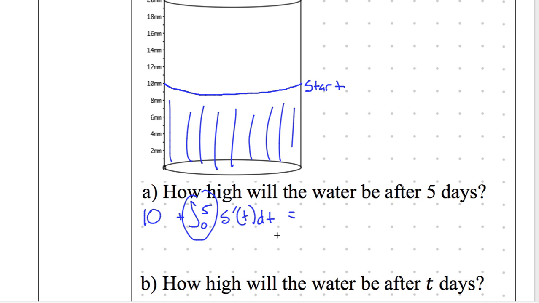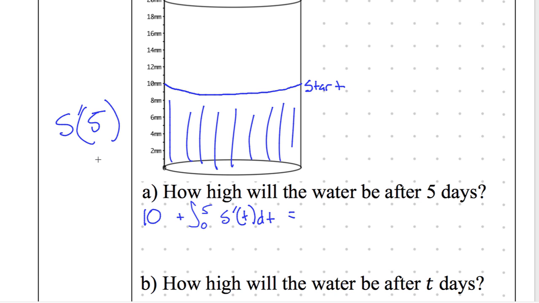What is S prime of 5? Speaking of, what does that represent? Is it the area between 0 and 5? No, because we don't have an integral, it's just alone. Total change between 0 and 5? Nope, good guess. What does S prime of 5 mean? Well, what is S prime, first of all? Think about that in your heads, and then what happens when I substitute 5 into that function? Is it the height?